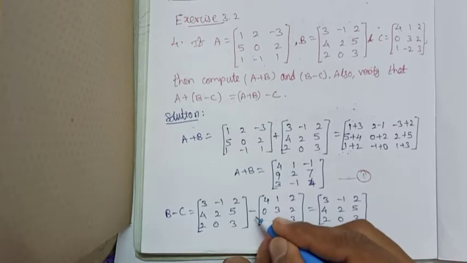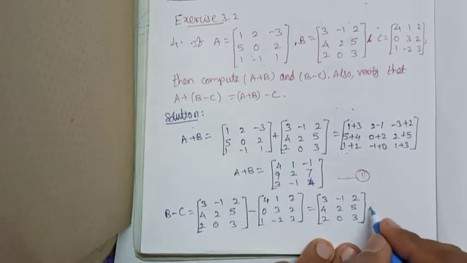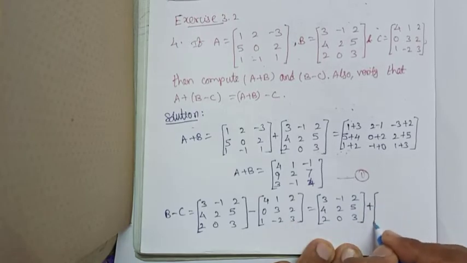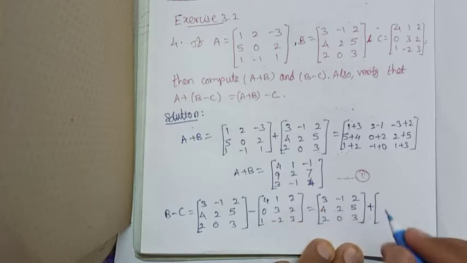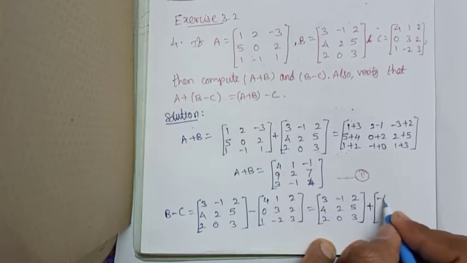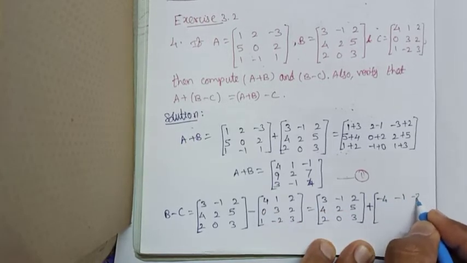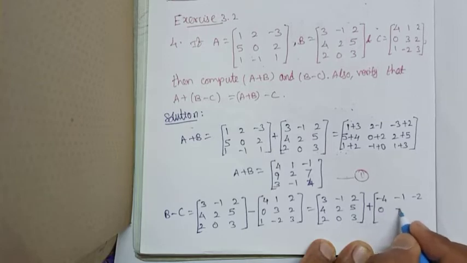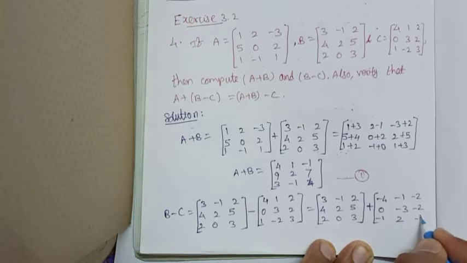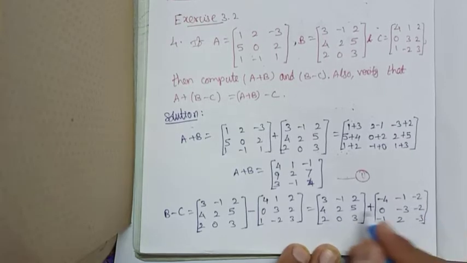Multiplying minus 1 inside the matrix, the signs are changed. So we get minus 4, minus 1, minus 2, 0, minus 3, minus 2, minus 1, plus 2, and minus 3. Now we directly add.